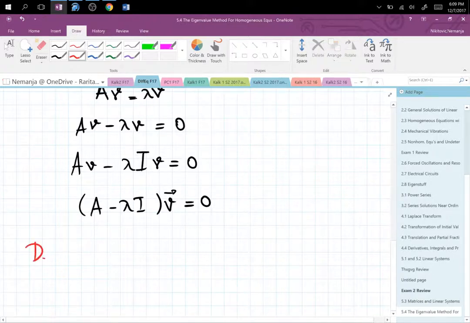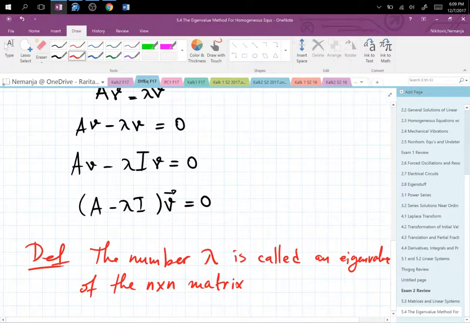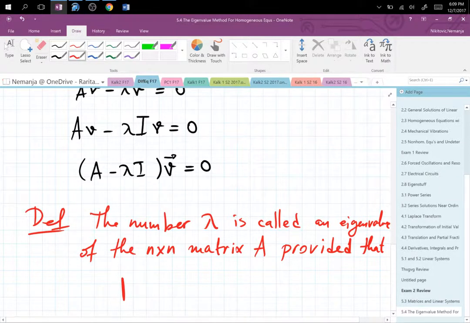So definition: the number lambda is called an eigenvalue of the n by n matrix A, provided that the determinant of A minus lambda I is equal to 0.